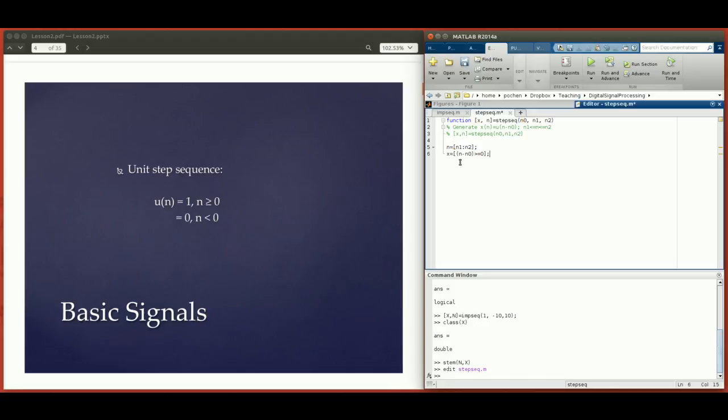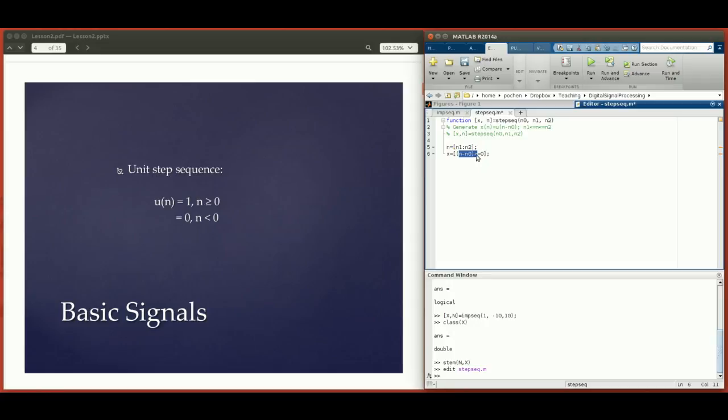So the idea is actually quite similar to the idea that we used when we were writing the impulse sequence, right? We are doing a comparison of a vector with a value, and the vector is basically the horizontal axis subtracted n0.